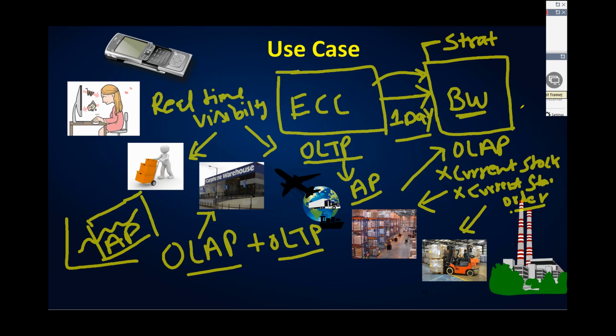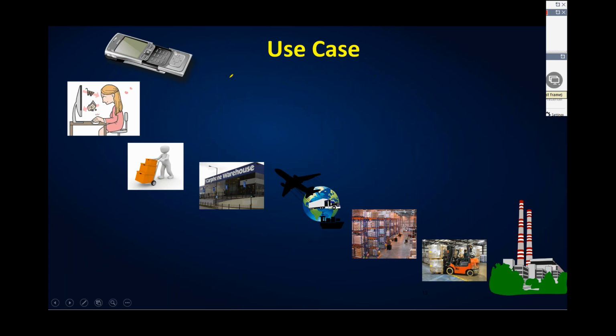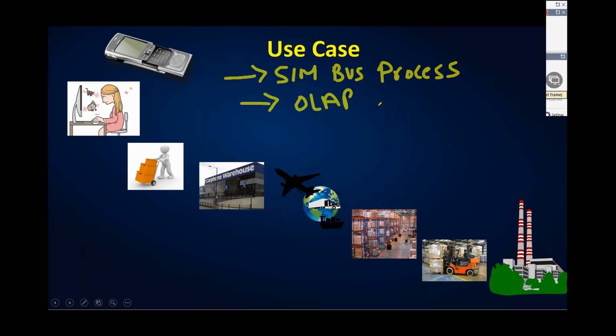So if I conclude here, what things have we discussed? We have discussed that the use cases for SAP HANA are to simplify business processes. We have complex batch job runs, and we need to simplify that. We need to have our OLAP system combined with OLTP.